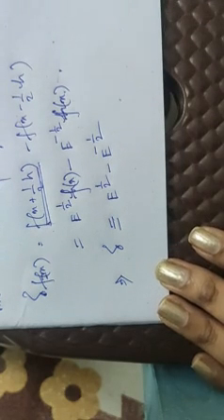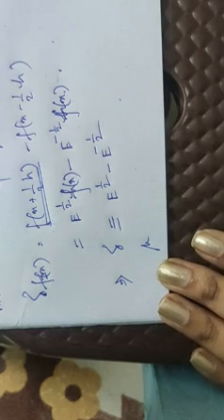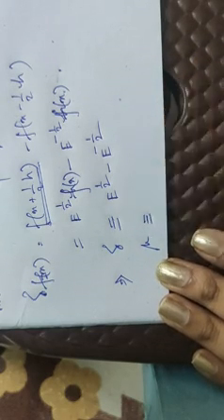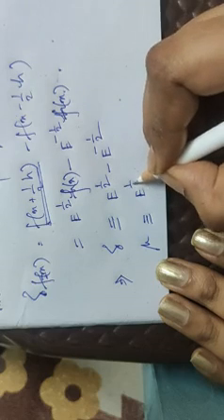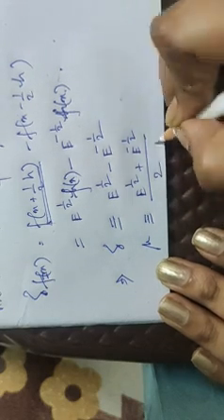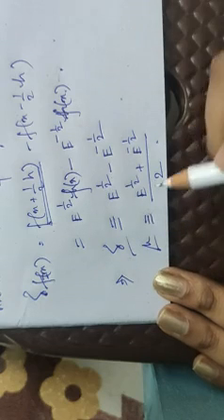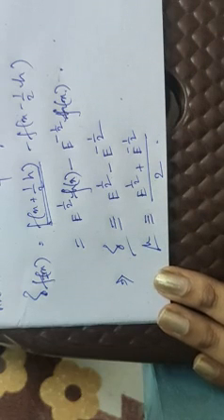Similarly, for the next operator, mu, the average operator, just by applying the same procedure, we can write mu equals e to the power half plus e to the power minus half, whole divided by 2. This is the relation between these two operators using shifting operators.